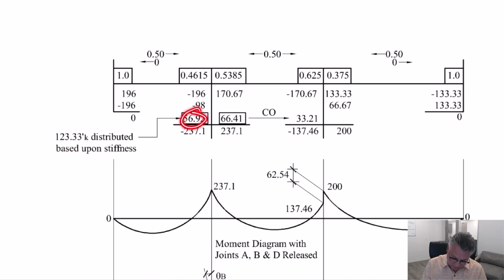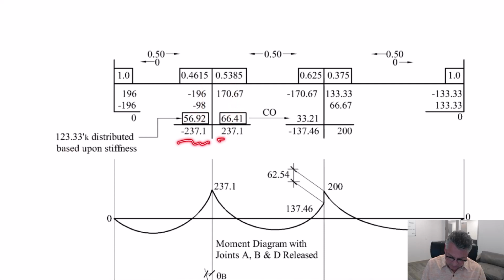That's how much goes to this side and how much goes to this side. Now at this point, we add these up, and we add these up. And they should add up to the same number with a different sign. In other words, you add these two together and you get 0. Or you add all of these numbers up and you get 0. That means the joint's in equilibrium. There's no unbalanced moment right now. So that joint, yay, is in equilibrium.